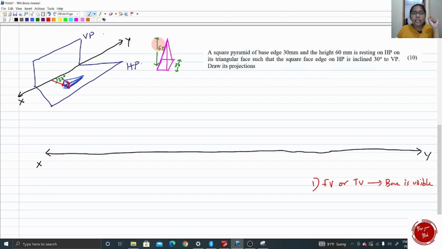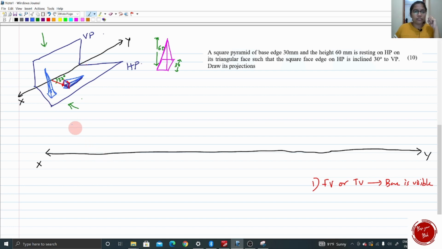Then only we can easily draw the dimensions of the pyramid. Okay, this is the final position for the pyramid. But initially, we have to place this pyramid standing vertically on the HP. Okay, now it is very clear that from the top view, you will directly see the square base. From the front view, it is the triangular face which we are seeing. But from the top view, you can directly see this square base.